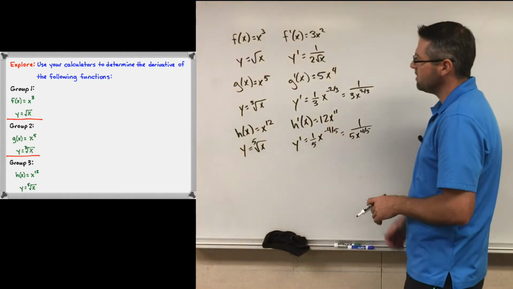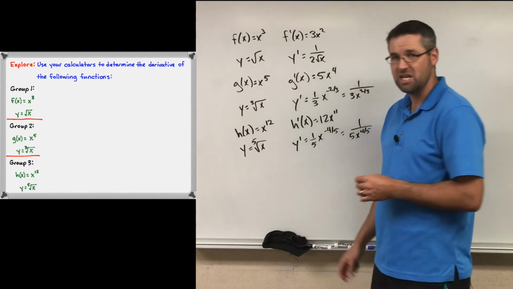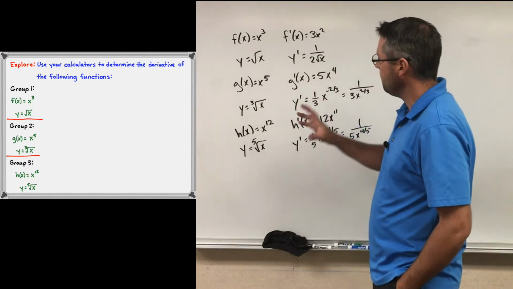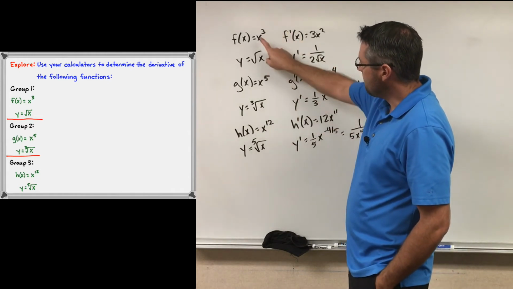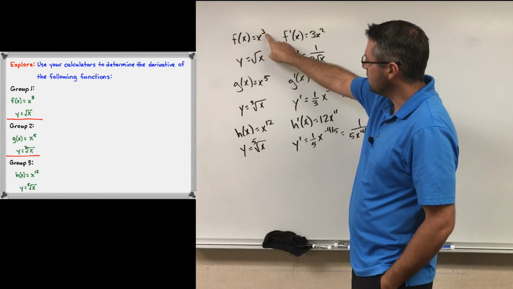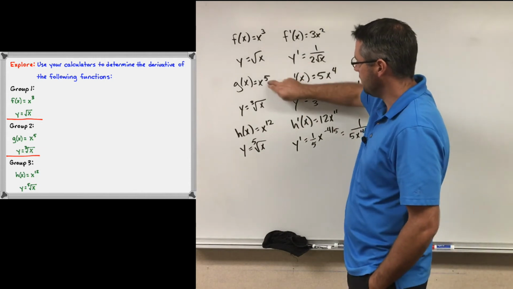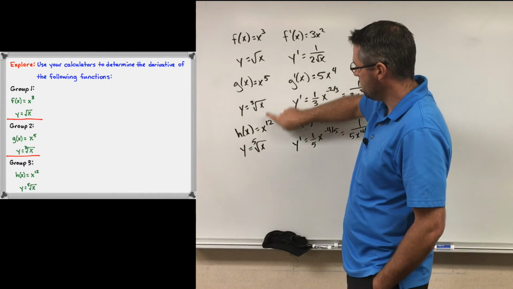So I think the point that I'm trying to make is we're trying to observe a pattern, a relationship here, dealing with when I'm giving you a function where the base is a variable and the exponent is a numeric value. You go, well, I see that here and here and here. The base is a variable and the exponent's numeric.